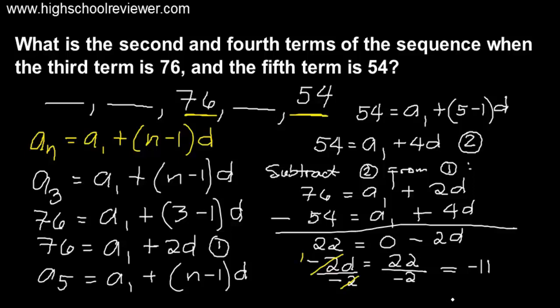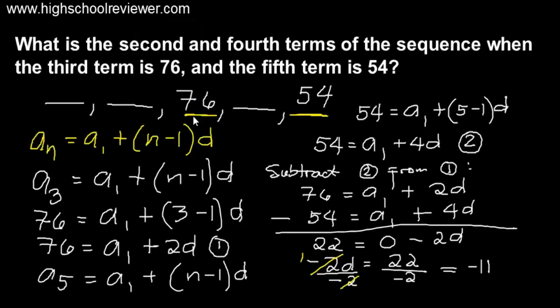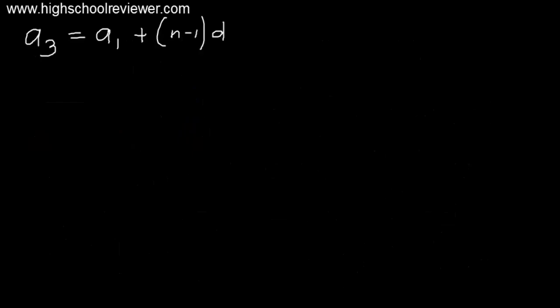Let us now try to solve for a sub 1. For a sub 1, we are still going to use a sub 3. So we have a sub 3 equals a sub 1 plus n minus 1 multiplied by d. For our a sub 3, we have positive 76.